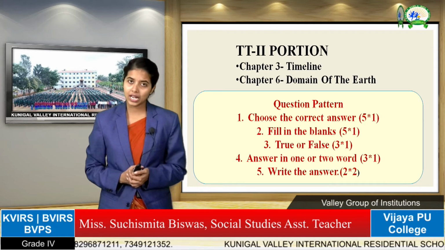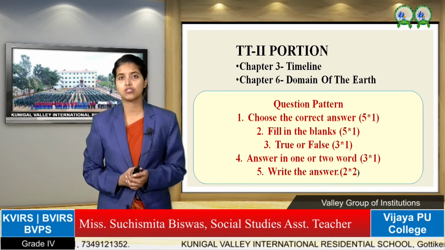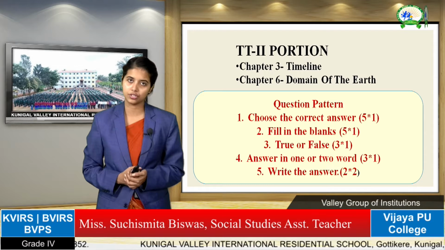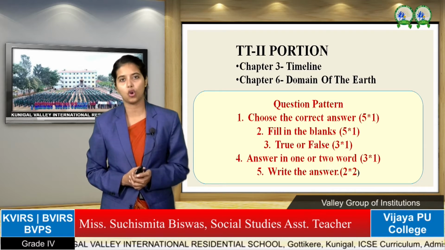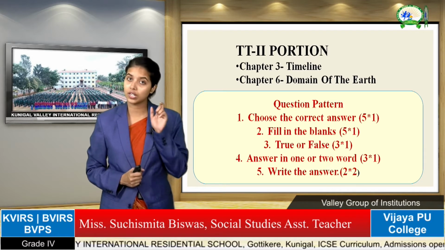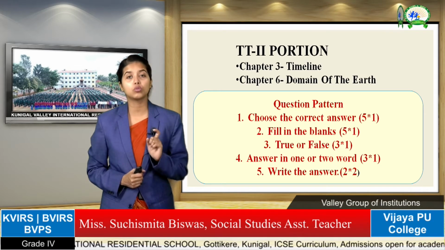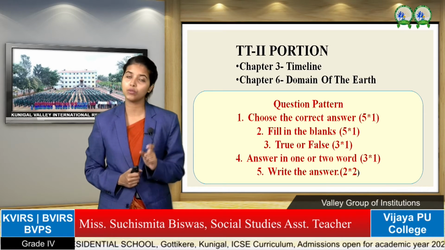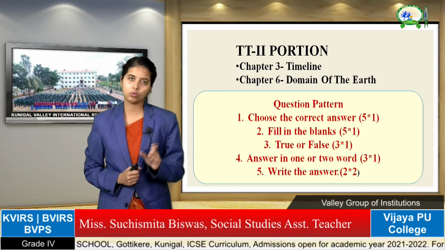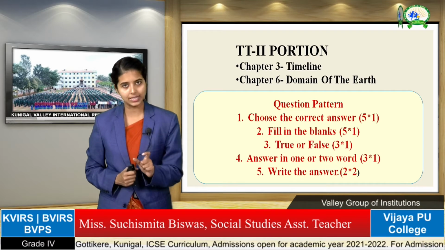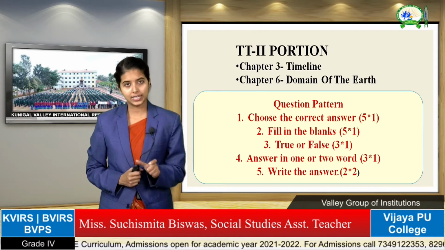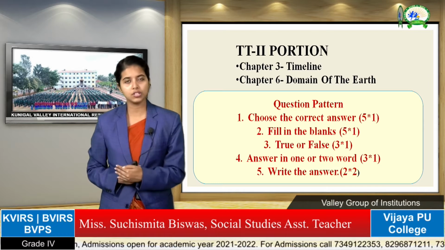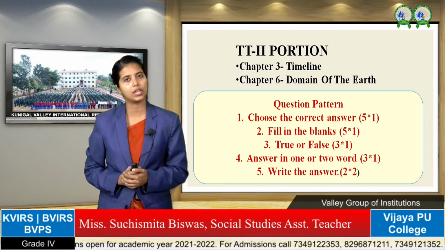For each question you have 4 options, and among the 4 options you have to write only the correct option along with the question number. Nobody is going to write only the question number. If you write only the question number instead of the answer, I am not going to give you the marks. You have to choose only one.